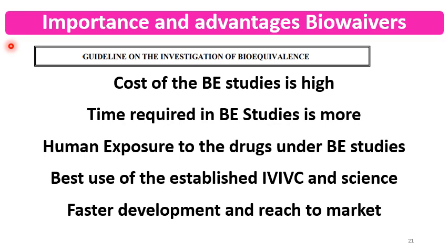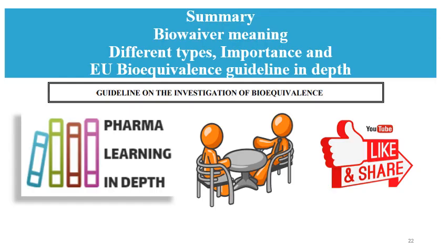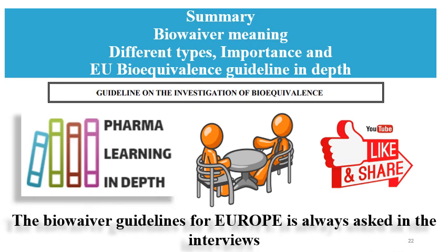Then biowaivers help for the faster development and the product can reach the market in a shorter period of time. So in this video we have seen the biowaiver meaning, different types, importance, and mainly the Europe region bioequivalence guideline in detail.